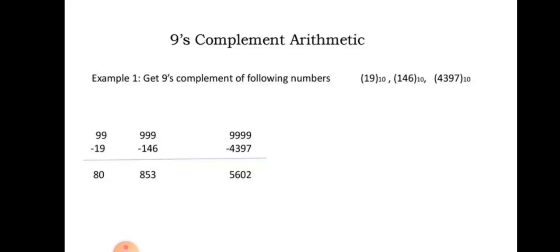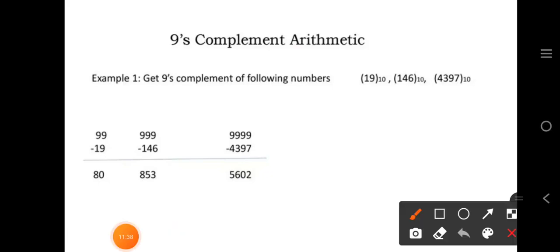For example, the first decimal number is 19. To get its 9's complement, we have to subtract 19 from 99. If the number is 2 digit, you subtract it from 99. If it is 3 digit, you subtract it from 999 and so on.